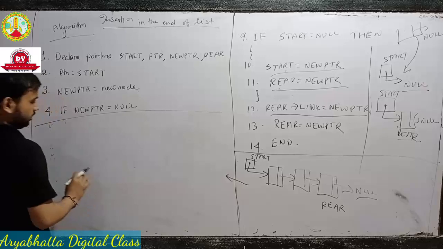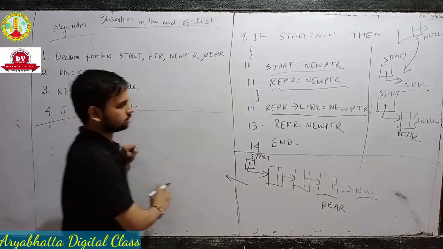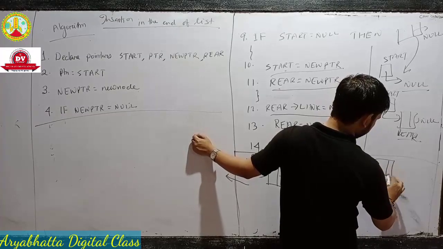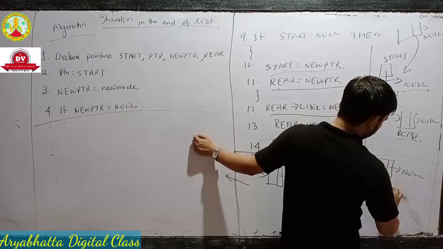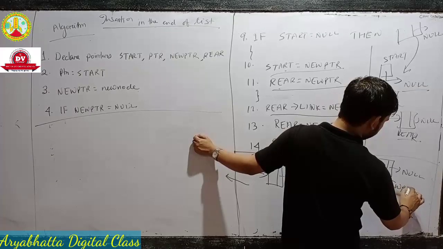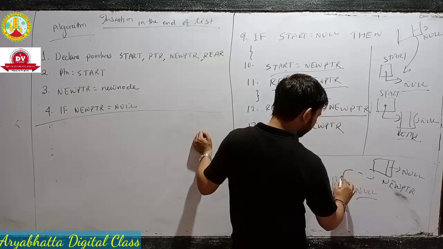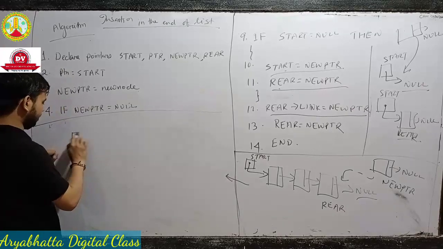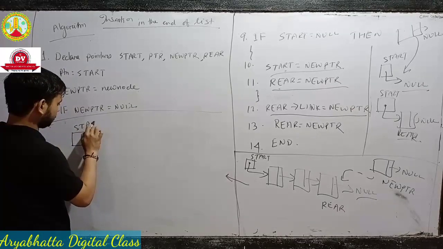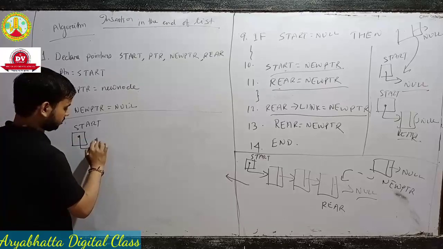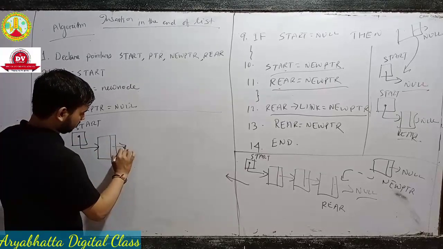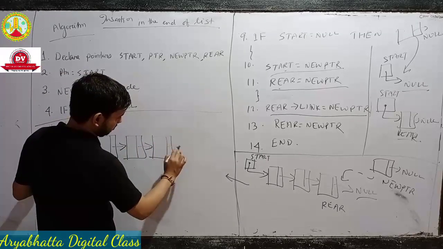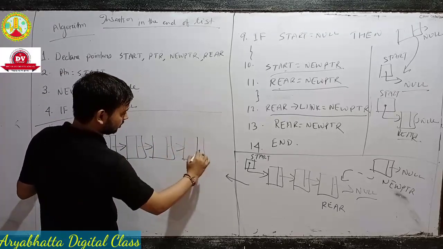Then see, when we insert a new node, new btr. When we insert a new node in here, your node list will be... now what?